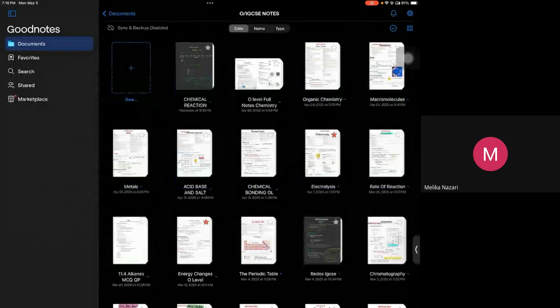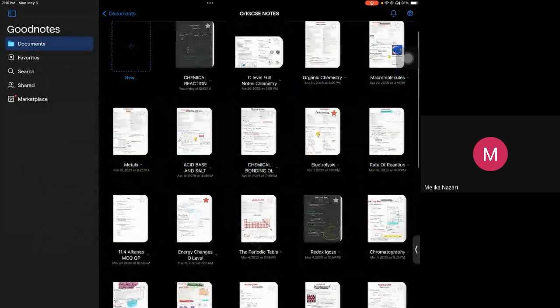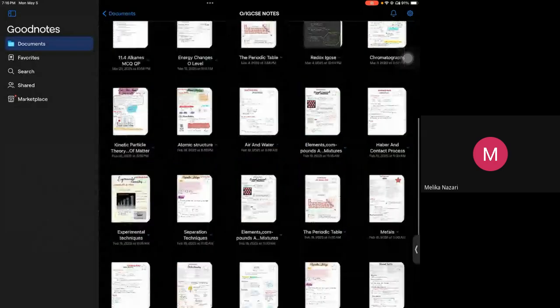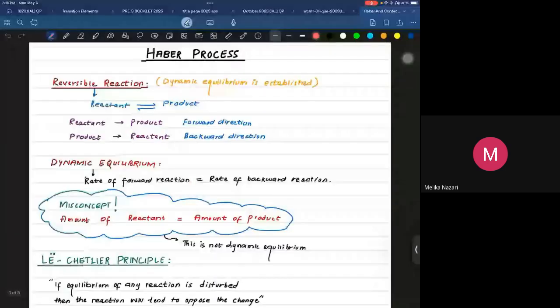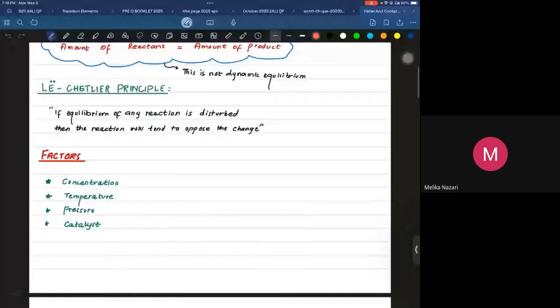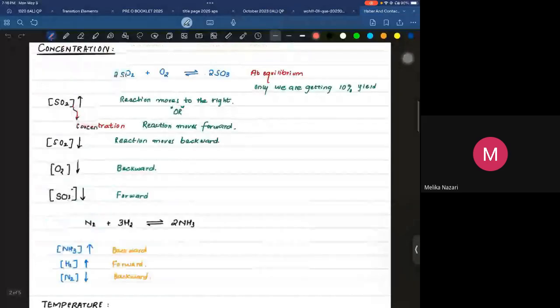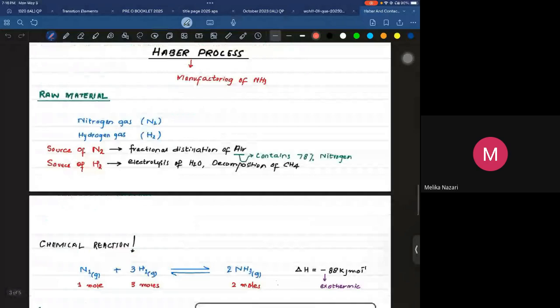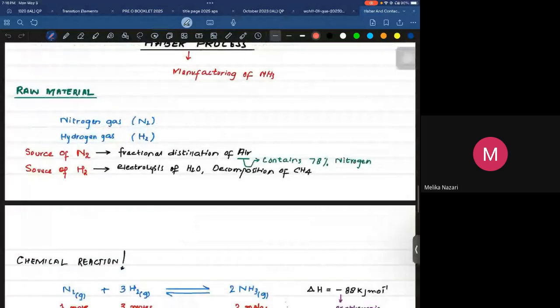Let me tell you what we are supposed to do in the Haber process. As you can see, this is the Haber process. These are the raw materials that we must have: nitrogen and hydrogen gas. What is the source of nitrogen?